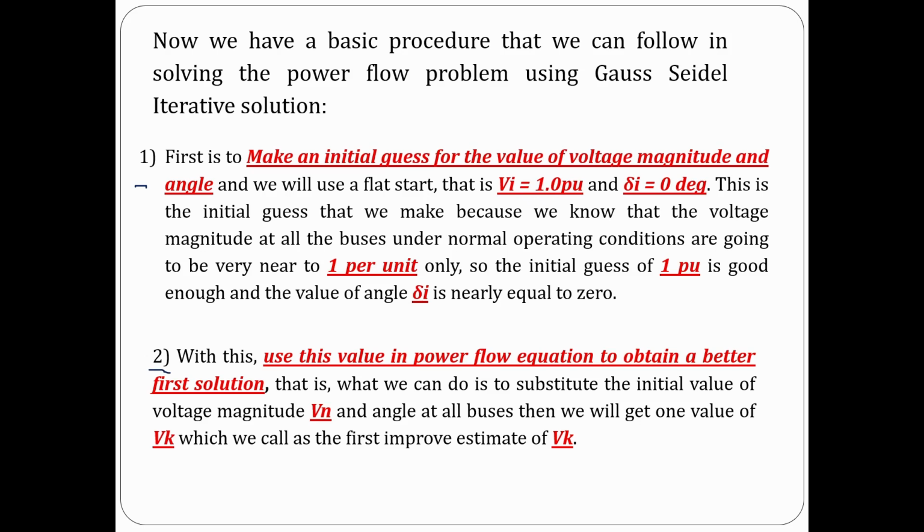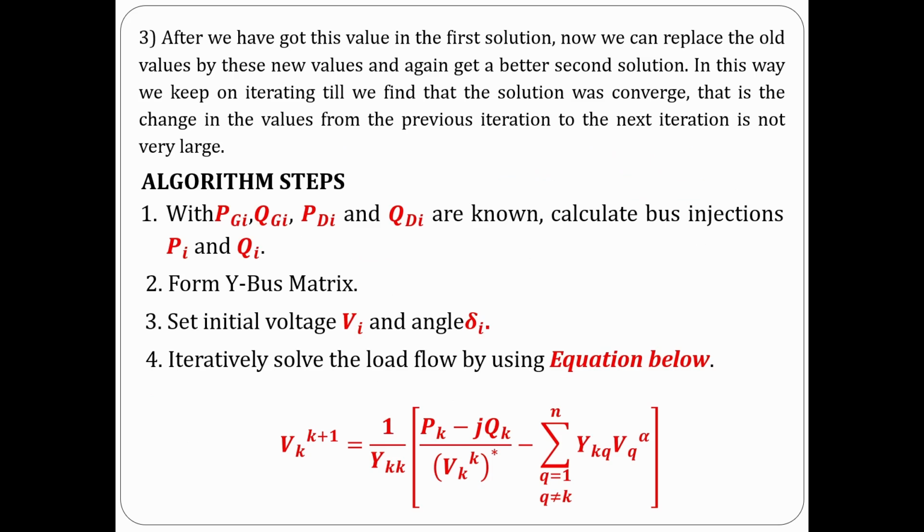Number 2, use these values in the power flow equation to obtain a better first solution. That is, we substitute the initial values of voltage magnitude Vi and angle at all buses. Then we get one value of Vk, which we call the first improved estimate of Vk. Number 3, after we have this first solution, we can replace the old values with these new values and again get a better second solution.